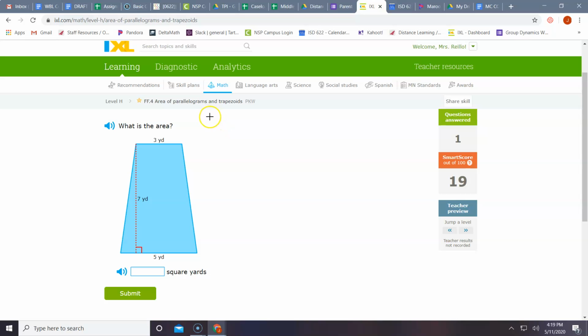So the area formula is area equals base 1 plus base 2 times height, and this is all divided by 2.